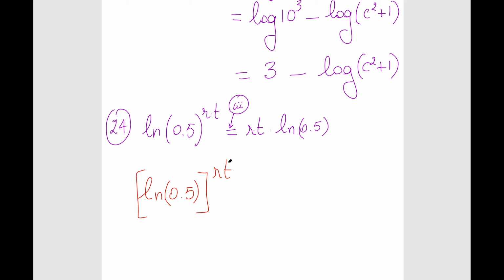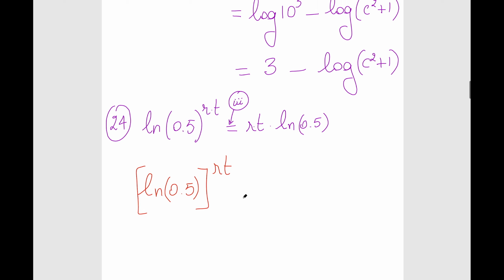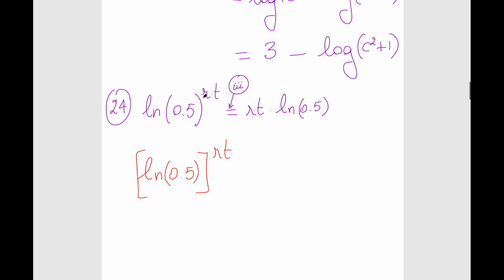You can take particular cases for r and t to show it, but I'm just going to highlight that they're not the same. So make sure that the exponent occurs on the argument of the log function so that you can take it down as a coefficient. For this, that's not the same as this. Okay.